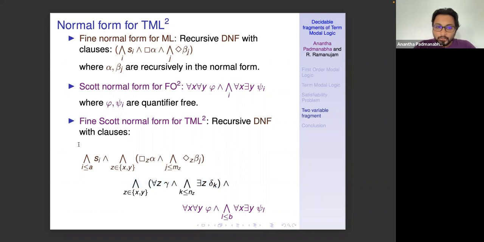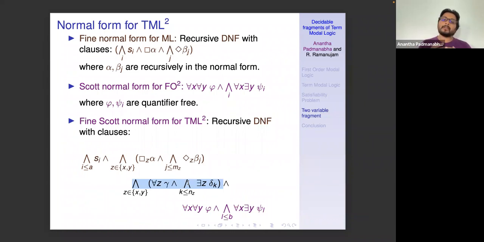And if you look closely, this whole thing mimics the first order normal form, right? And this whole thing mimics the FO2 normal form. And these intermediate two clauses basically mimic the case where one variable is quantified and the other is free. So if you know a normal form for one variable FO, this is how it would look.